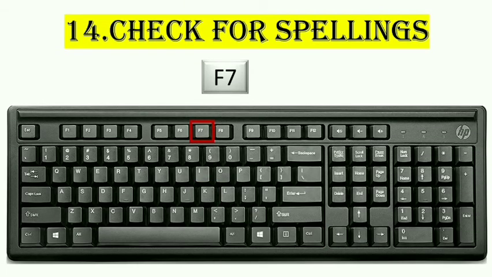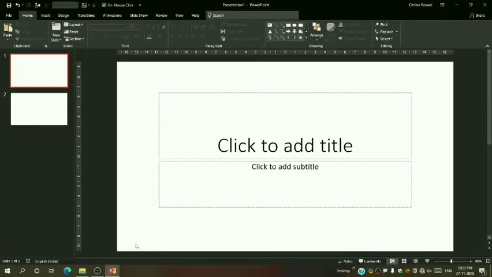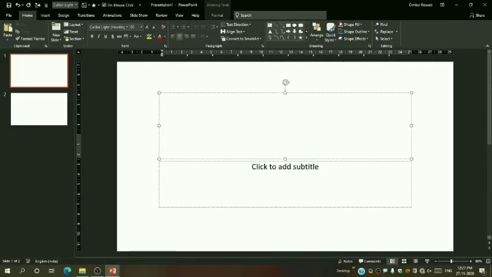So the 14th one is for check for spellings, and the shortcut is F7 on your keyboard. So let us check how it works. Now suppose I type something in this title box. I will type one wrong spelling, for example teacher.